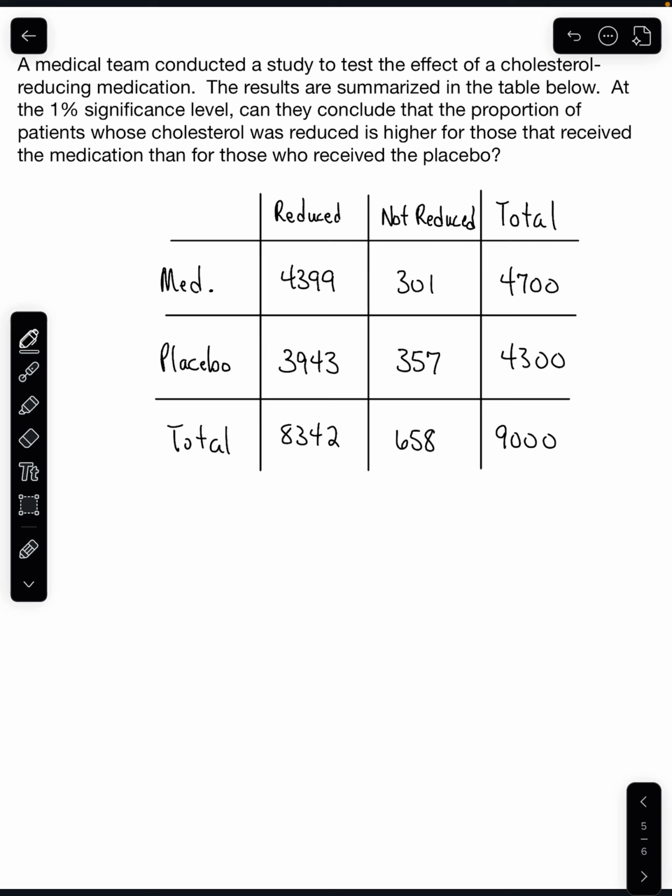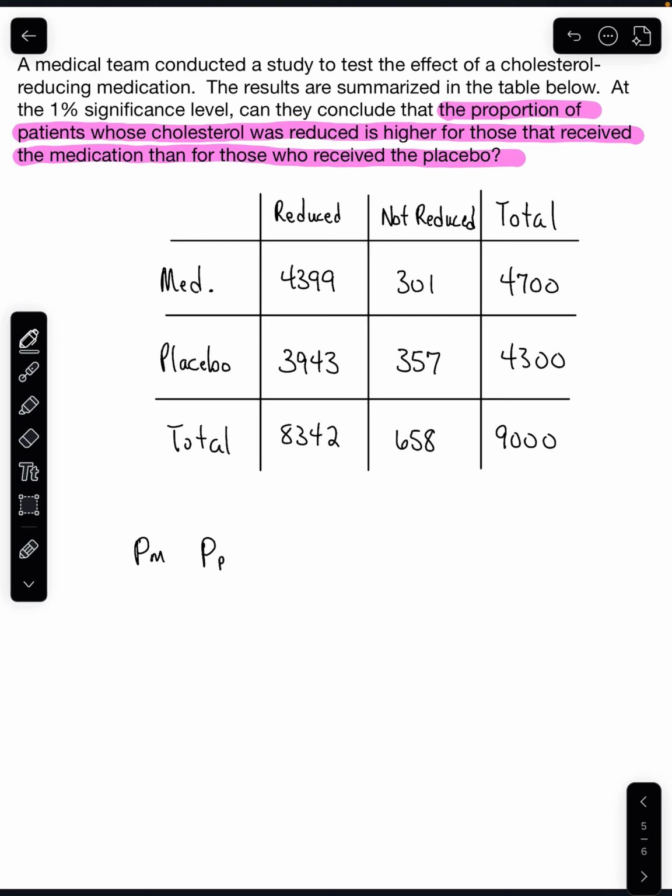So, let's start with the claim. The claim here, the thing that we would like to look at, is whether the proportion of patients whose cholesterol was reduced is higher when they got the medicine than when they got the placebo. So we're going to call this P sub M for medicine and P sub P for placebo.